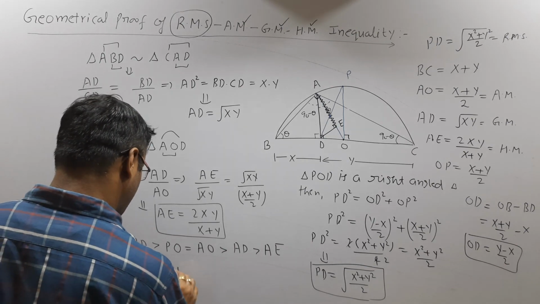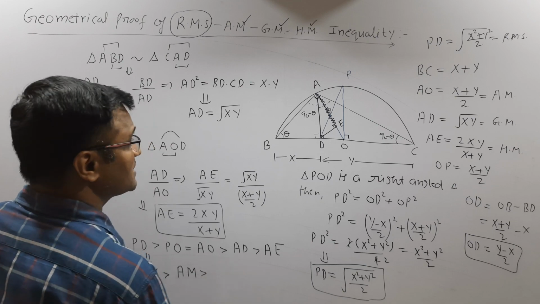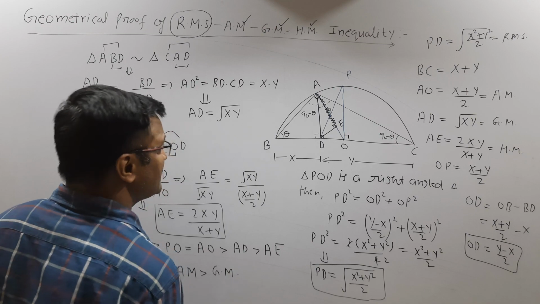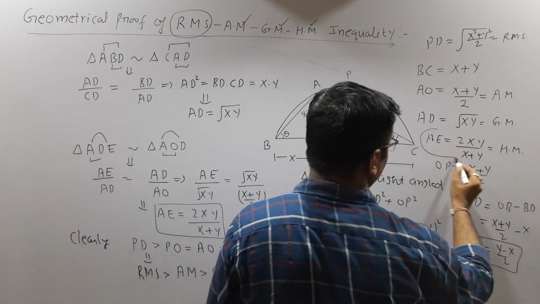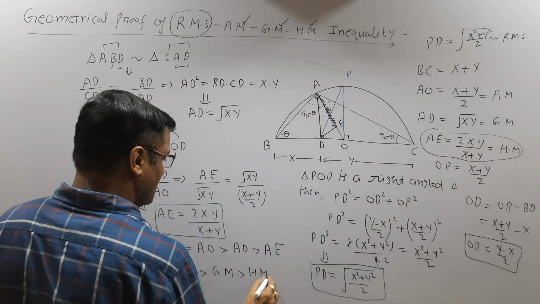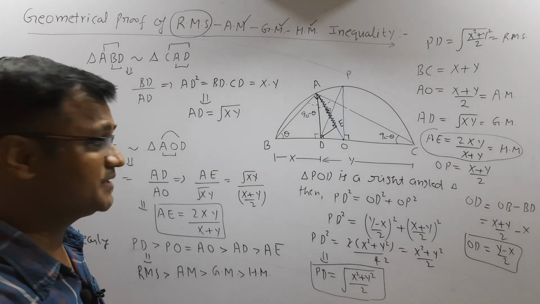OP and AO both are the arithmetic mean. This is strictly greater than AD. AD is actually the geometric mean. And AE is 2xy upon (x plus y), which is clearly the harmonic mean. Okay. And we have to discuss the case of equality as well.